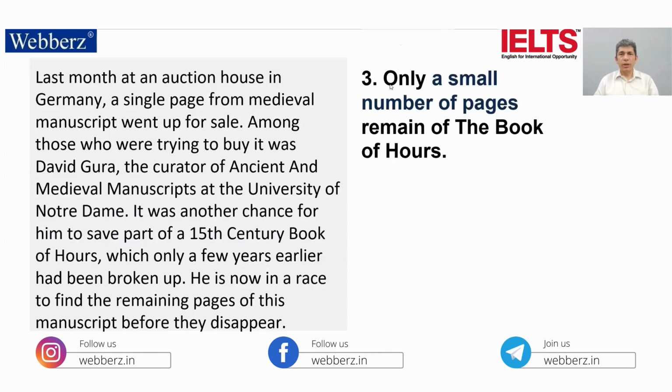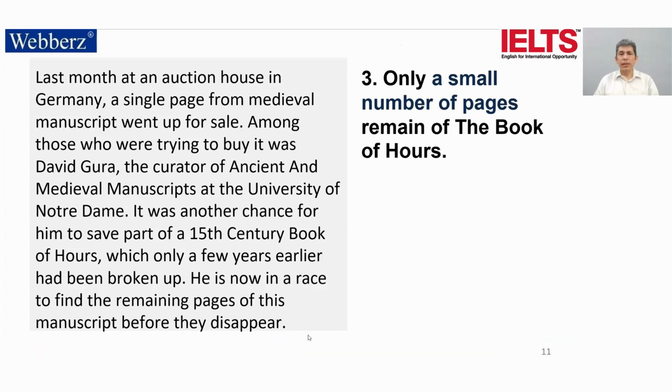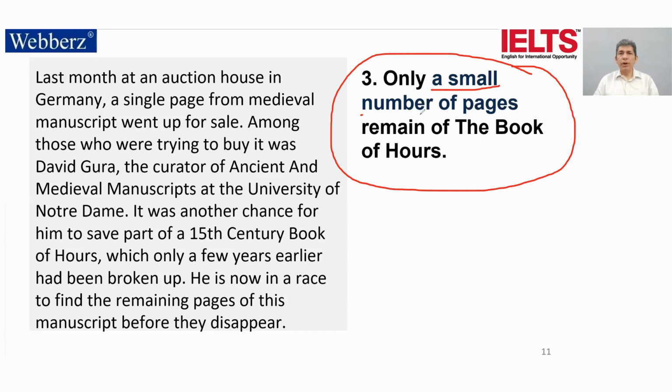Now the last one. Only a small number of pages remain in the book of hours. So the question says that only a small number of pages remain in the book of hours. So let's read this now. Last month at an auction house in Germany, a single page from medieval, we have read till here.